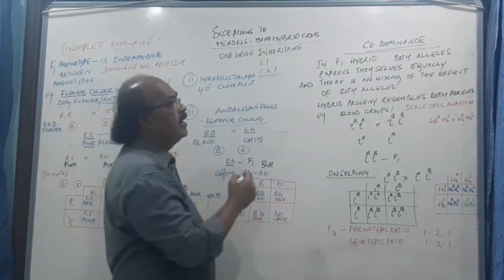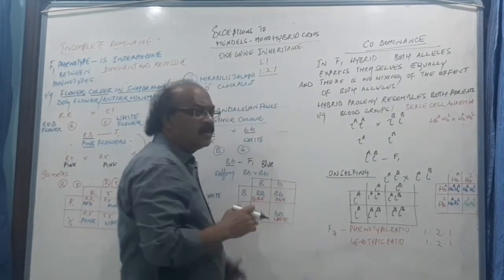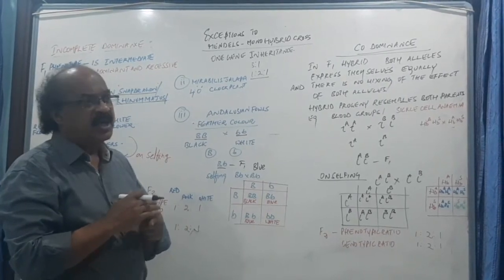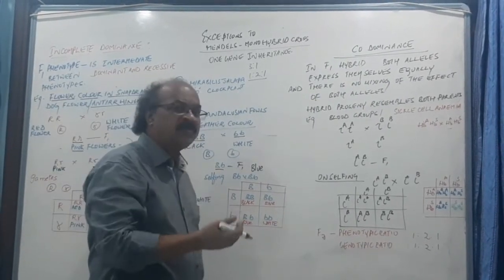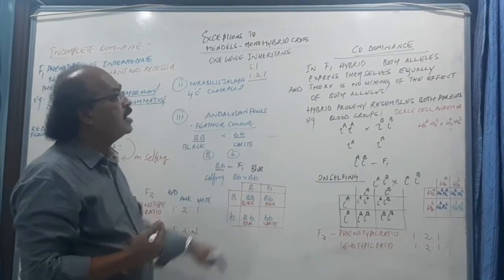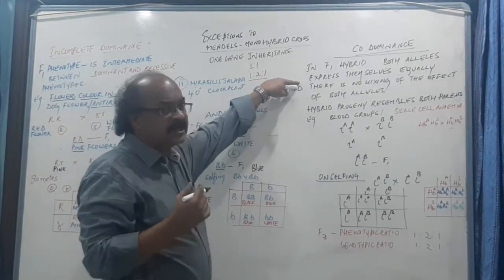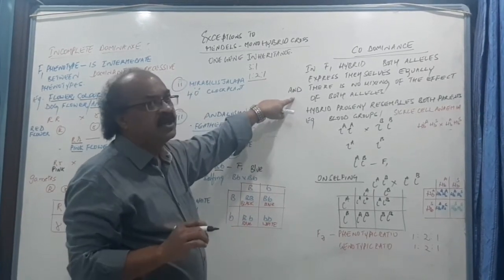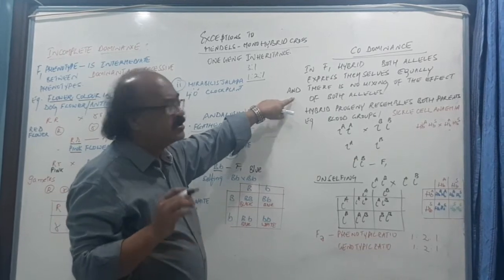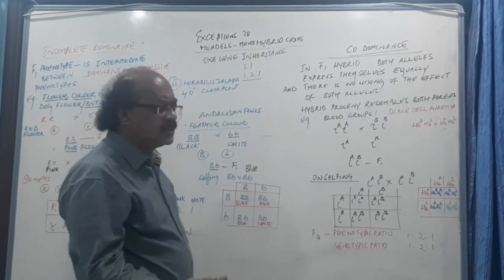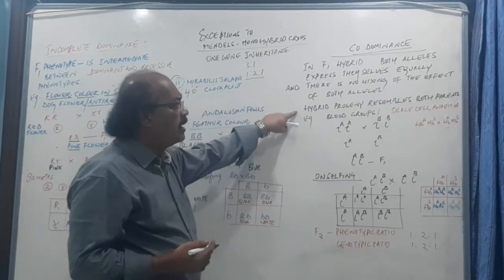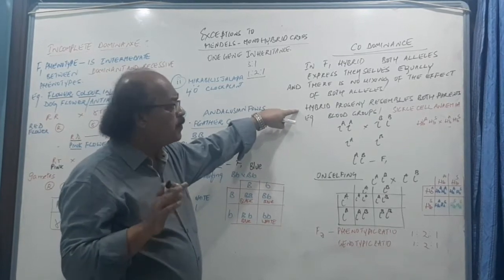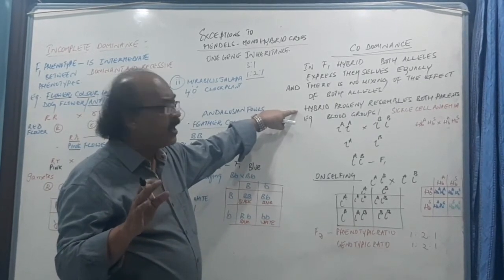So here what is happening, when you are crossing two homozygous parents, in F1 expression of both the alleles happens. Or simply you can just remember, hybrid progeny resemble both the parents.